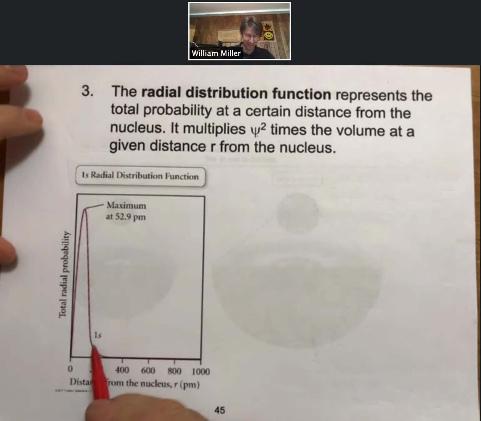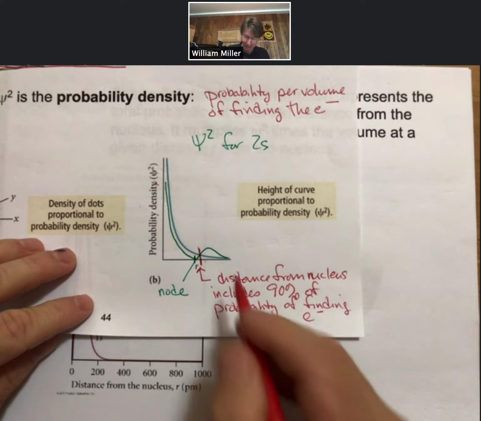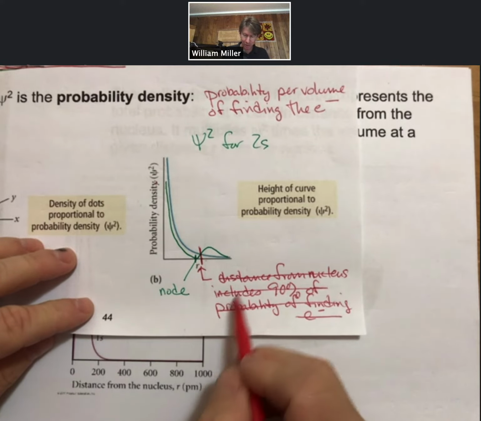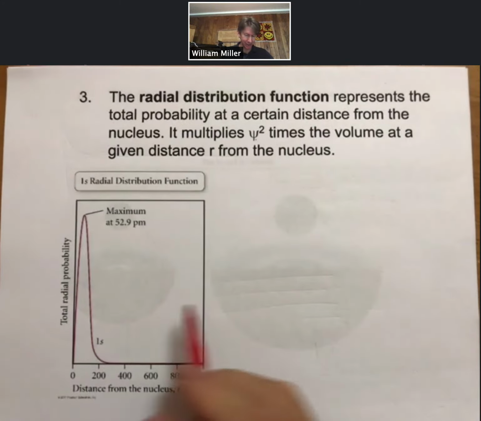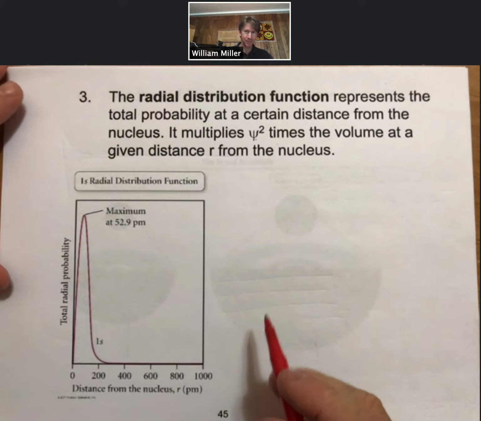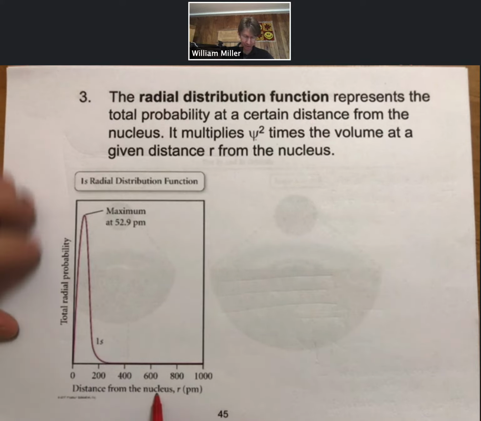I'm sorry. So this is probability density. It is not the probability. So I should draw this same line here because this is actually probability. I apologize for that. So anyway, this has distance from the nucleus and total radial probability.